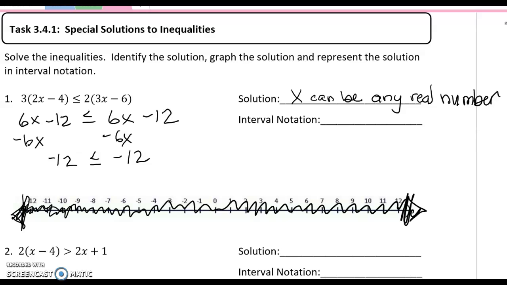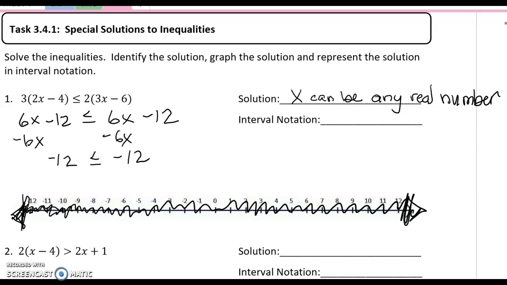Now, how do we write that in interval notation? Notice that on the left side of my graph, we have the big arrow going towards the left. On the right side of my graph, I have the big arrow going to the right.